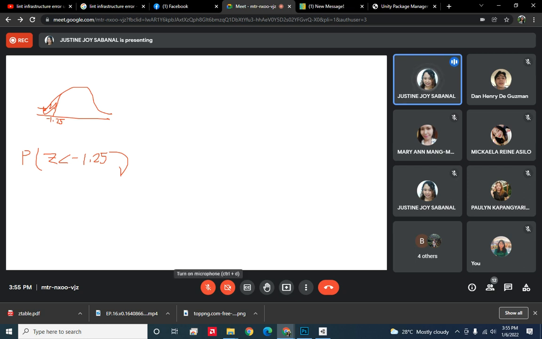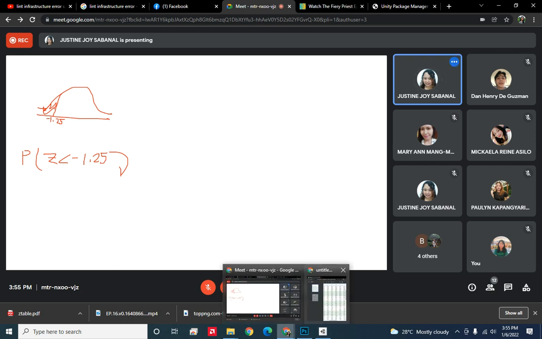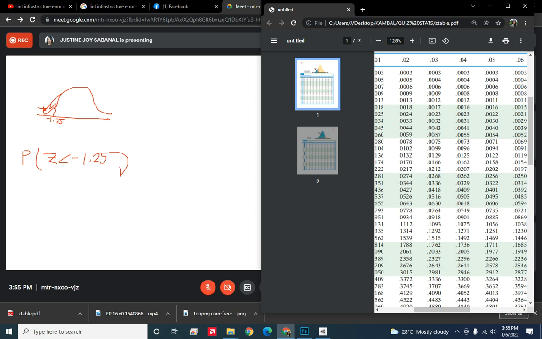So, pang-anim yung 0.05. Dun sa tapat, yung negative 1.2. Bibilang tayo, alamin natin yung ika-anim doon. 1, 2, 3, 4, 5, 6. So, nandito daw po pala yung point of intersection nila.